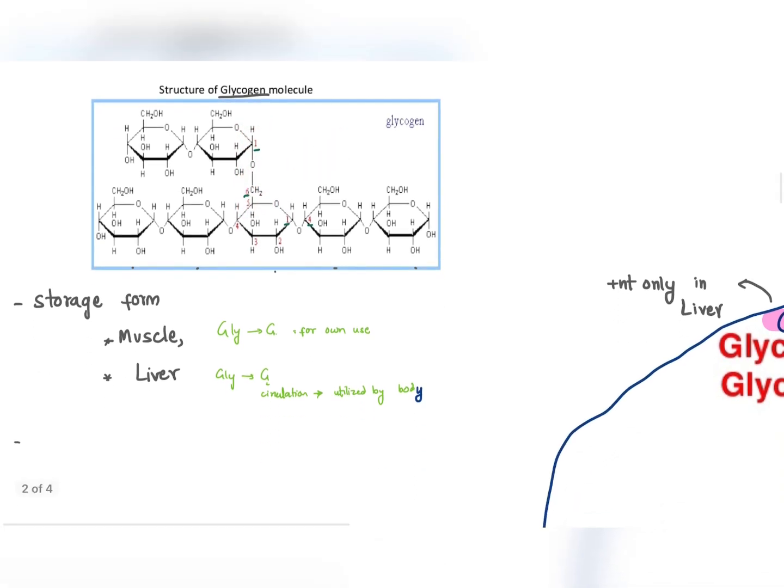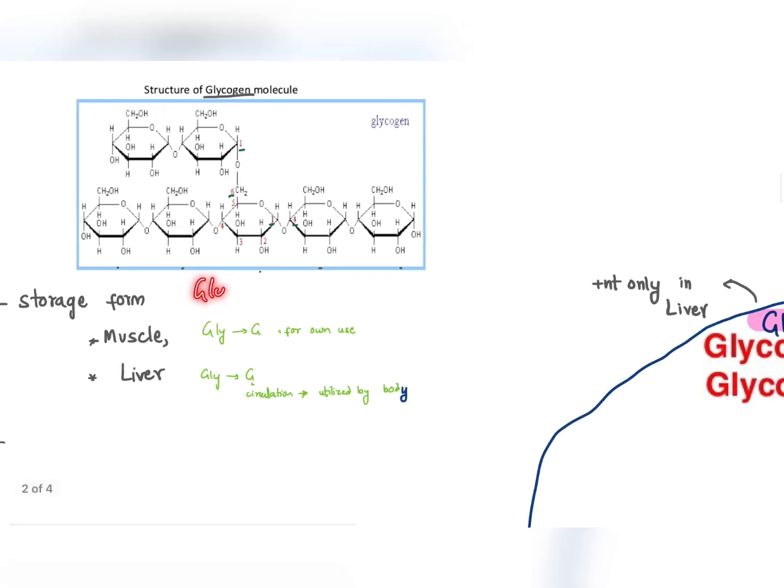So, glycogen is stored in the muscle and liver. These are the two organs where glycogen is stored. There is a difference between the glycogen of muscle and the glycogen of liver. What is the difference? It is due to a single enzyme deficiency in muscle. Glucose 6-phosphatase enzyme is deficient in muscle. When glycogen is broken down, it gets converted to glucose 6-phosphate and then to glucose. So glucose 6-phosphatase is absent, and it cannot be converted to glucose.